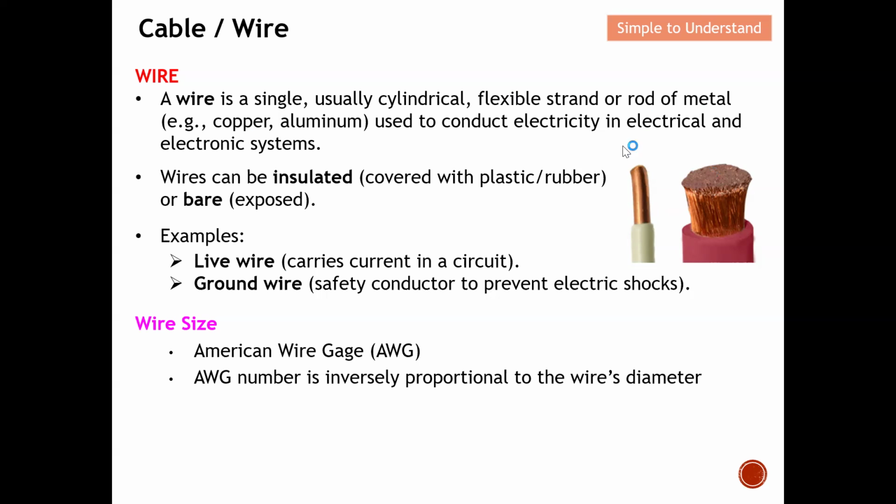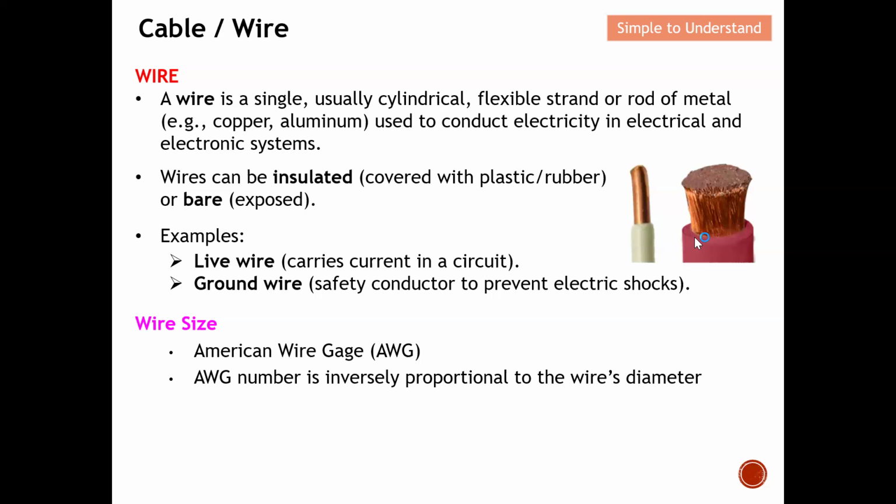For wire, most of the time, they are made up of good conductors, for example copper and aluminum. These two materials are considered good conductors. The key purpose of wire is to conduct electricity in electrical and electronic systems. Wire most of the time is required to be insulated.